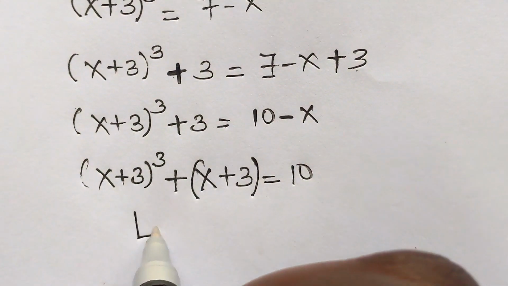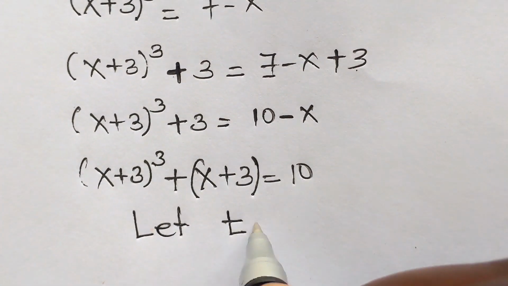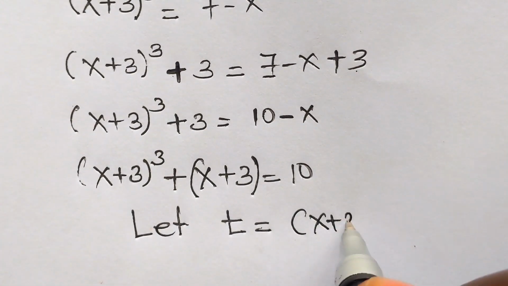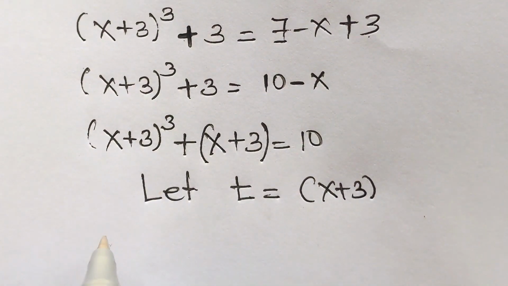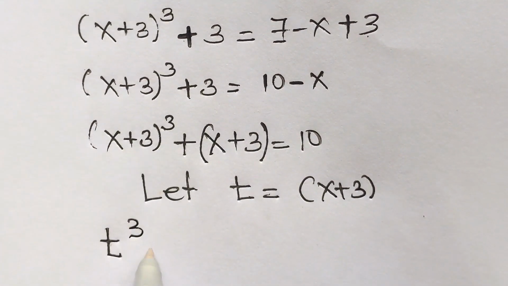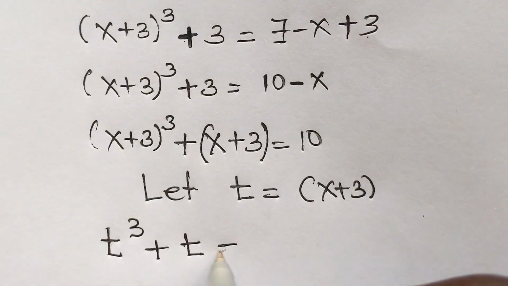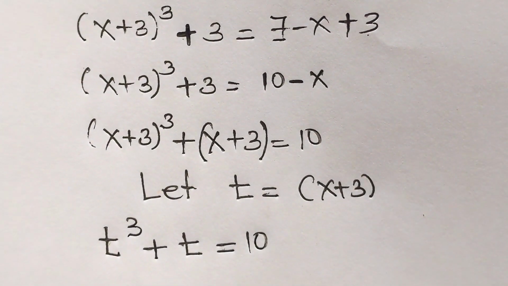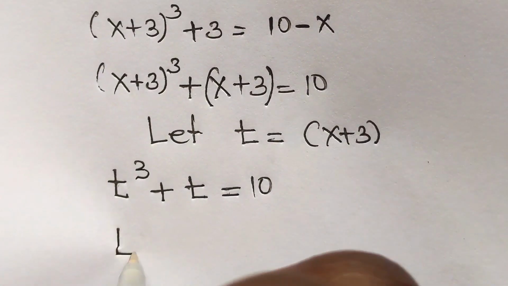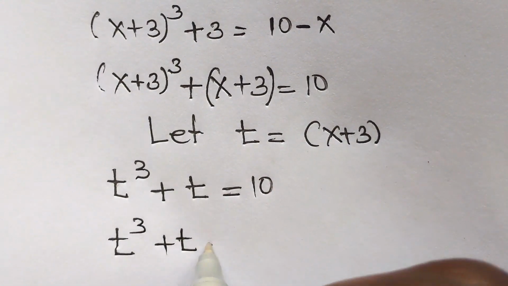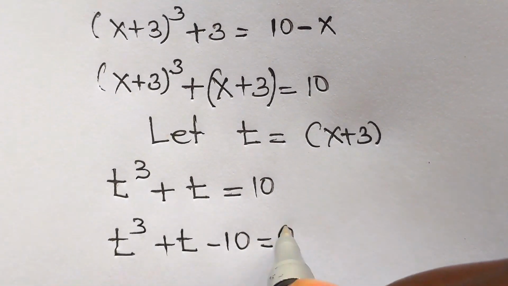At this stage we can write t equals x plus 3. Then we shall replace it in the above equation to get t to the power 3 plus t equals 10. Of course, then we shall write this as t to the power 3 plus t minus 10 equals 0.